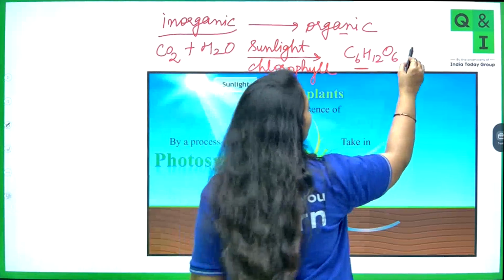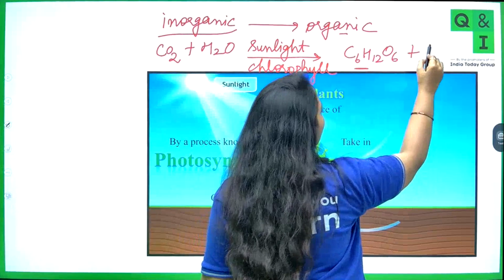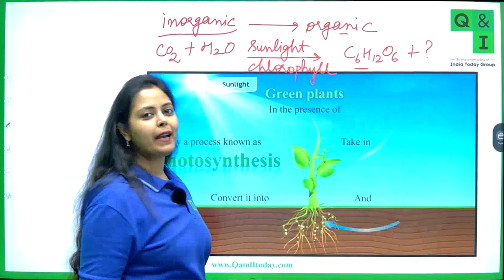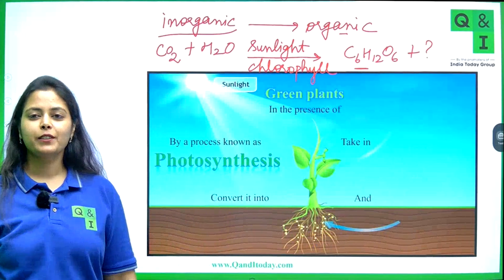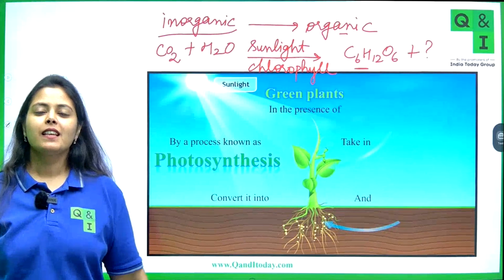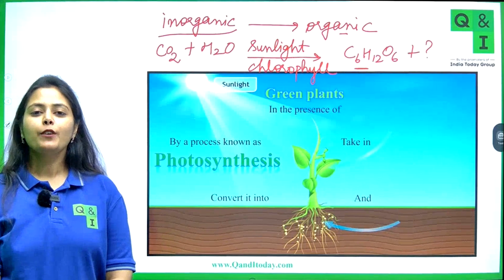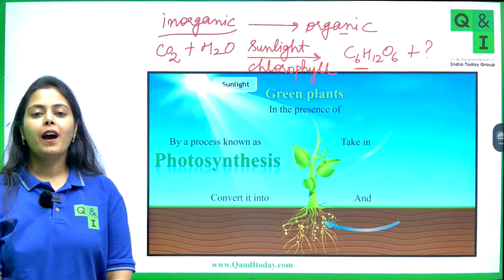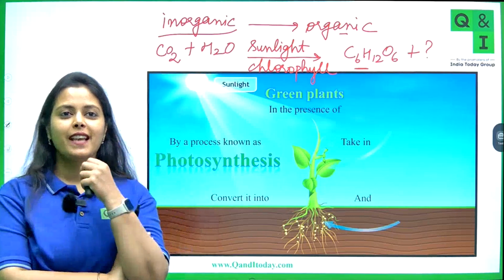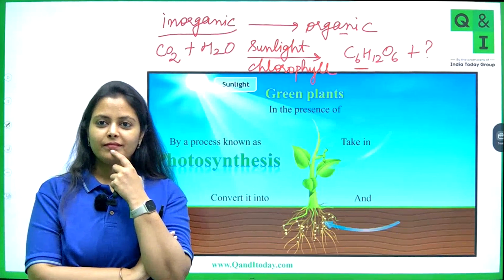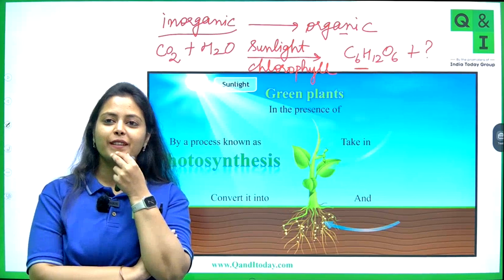Now to complete the equation of photosynthesis, can anyone tell me what should I add here? Let's check your class 8 knowledge. Class 8. Apart from glucose, what are all products which are formed during photosynthesis? Yes, everyone. Very good, very good.